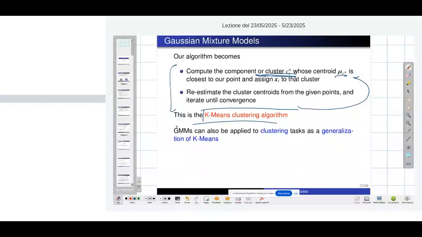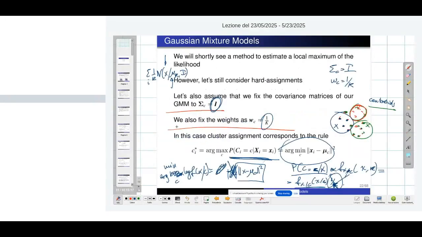So the k-means algorithm is exactly the procedure that we applied for a specific kind of GMM. Now, this procedure that we applied for the GMM is called estimation of the GMM through hard assignments, because we essentially assign each point to a single component.